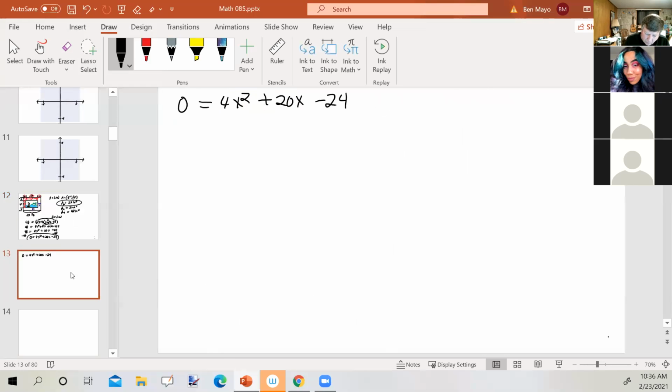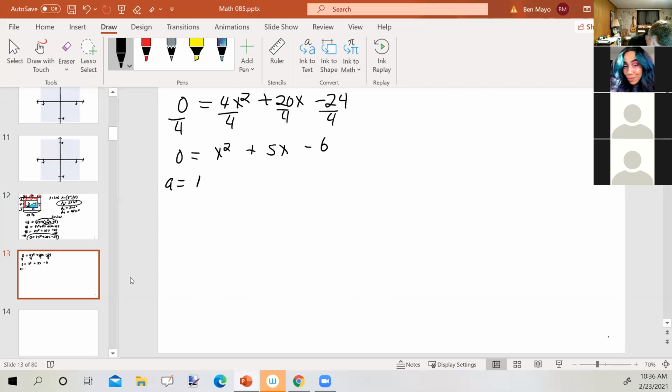All right, well, I see that every term on the right has 4 as a common factor, so I'm going to reduce this down by dividing everybody by 4. So 0 equals x squared plus 5x minus 6. Now I'm going to use the quadratic formula to solve this.